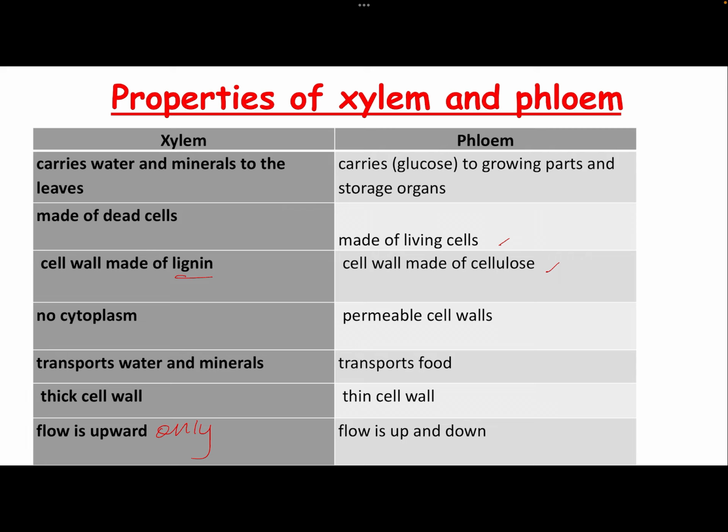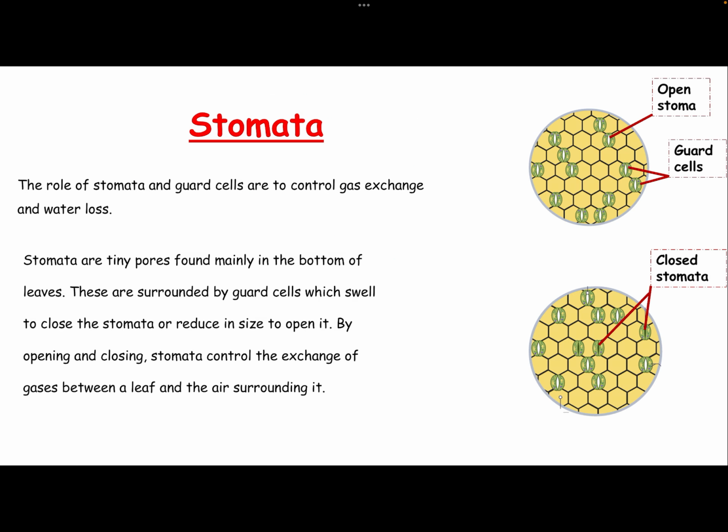No cytoplasm in the xylem, but in the phloem, it has permeable cell walls. The phloem transports food, and it has thin cell wall compared to the xylem, which has thick cell wall. In the xylem, the flow happens in one direction or upwards only, while in the phloem, it moves up and down.